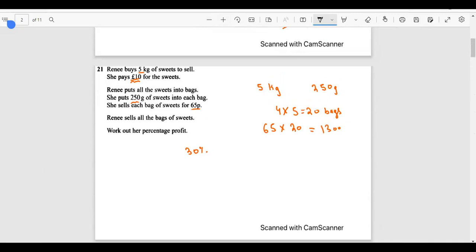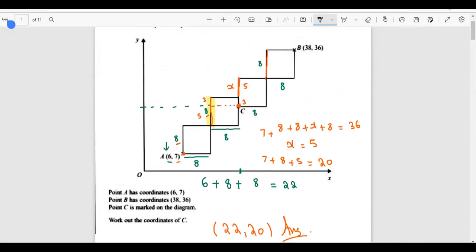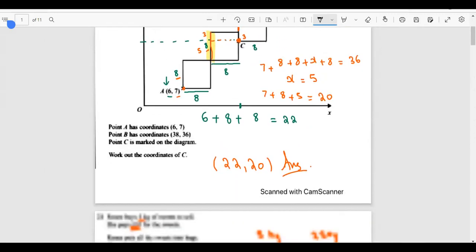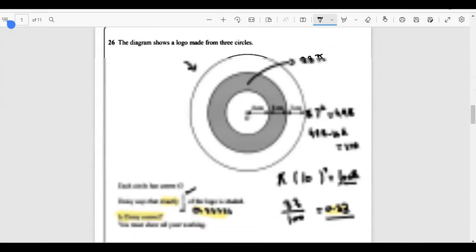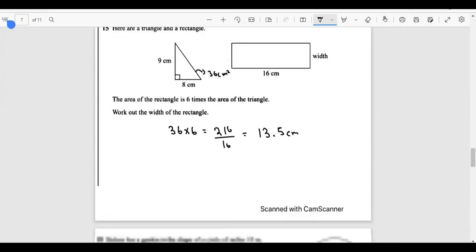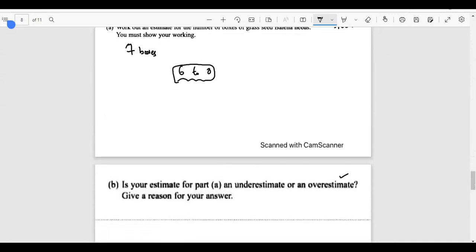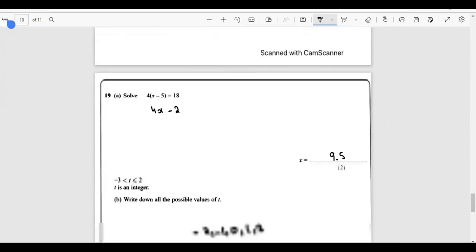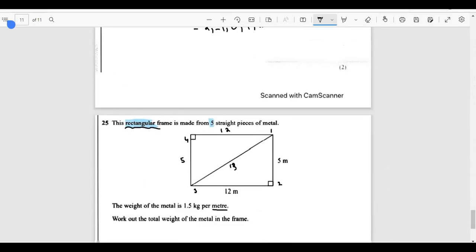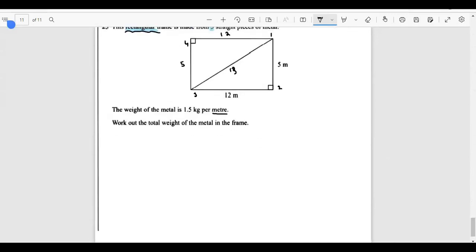Okay. So this is what we did. I'll scroll down. And then I got the circle one, the rectangle one. That one was easy. These ones I got. All right. So I assume that all these questions were okay. Then I'll just write it on the whiteboard.